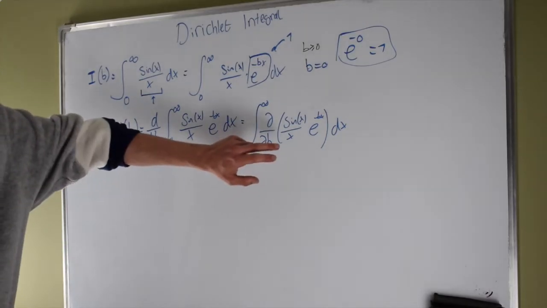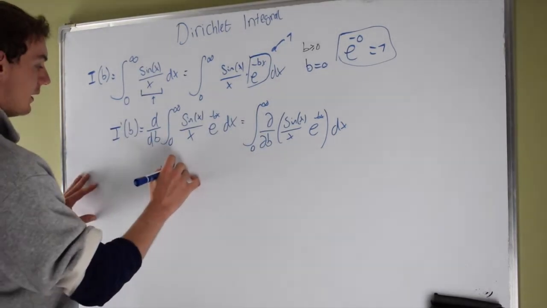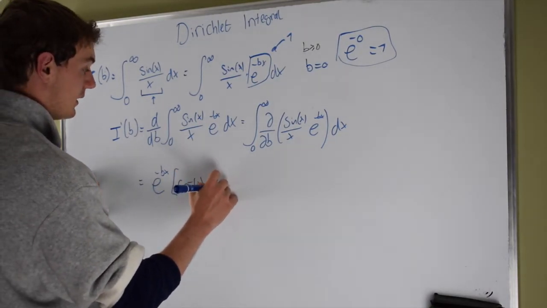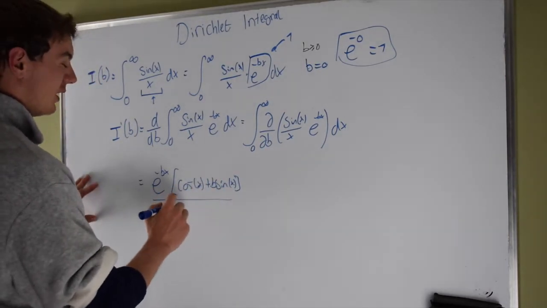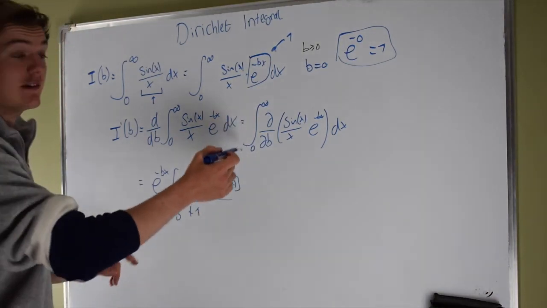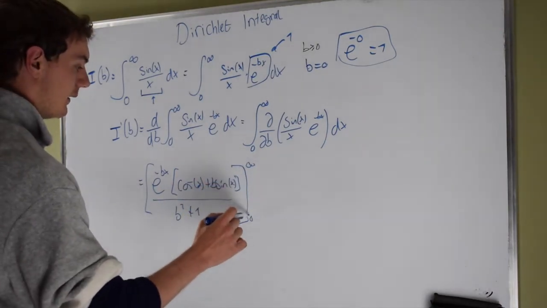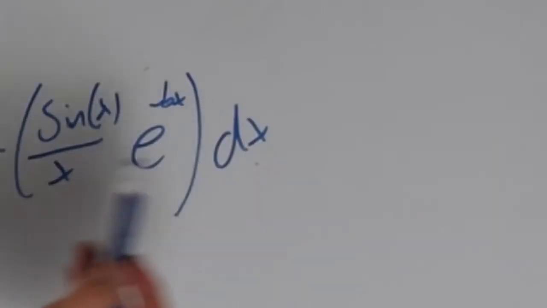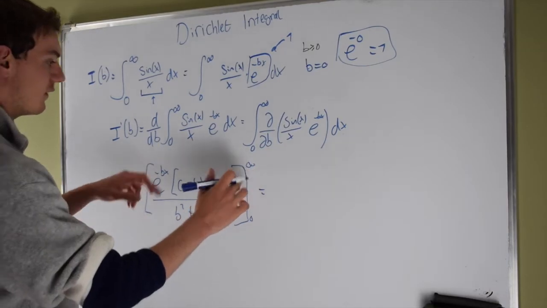So now what we can do is rewrite this as simply e to the minus bx times minus b sine x plus cosine x, or rather with the sign conventions, over b squared plus 1. And this is getting evaluated from 0 to infinity, so we'll put our bounds in. When x is infinity, it's 0, so the first one just becomes 0.